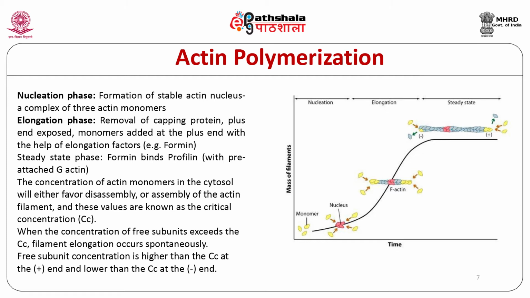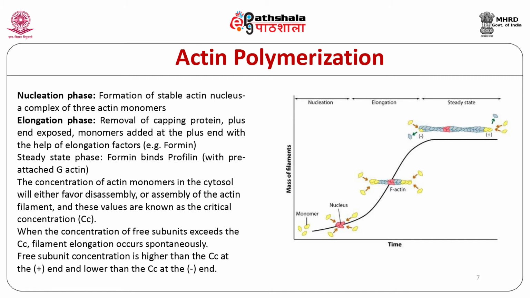The concentration of actin monomers in the cytosol will favor either disassembly or assembly of the actin filament, and this value is known as the critical concentration. So, all these phases are involved in the polymerization of actin.